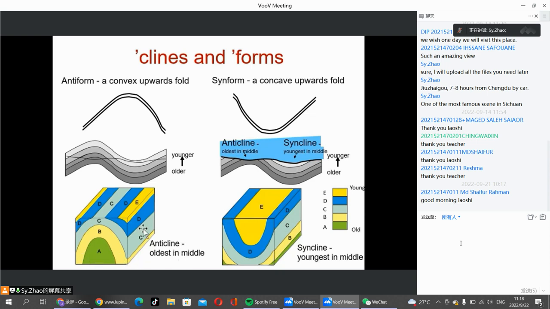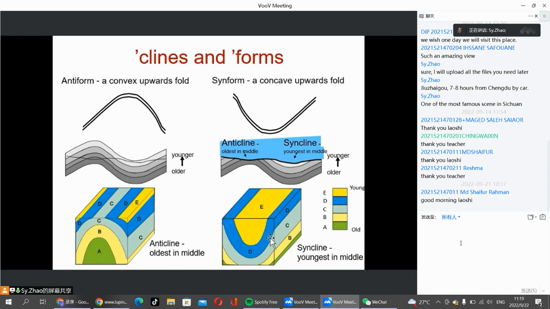One way is that when we walk along this direction, perpendicular to the hinge direction, if we find the middle rock is the oldest one, we can identify it as an anticline.